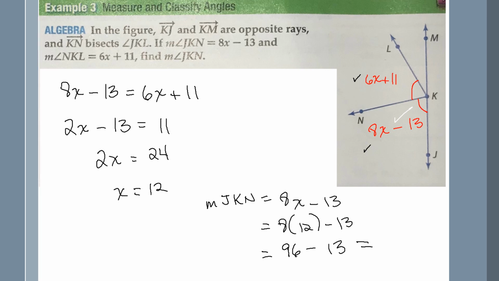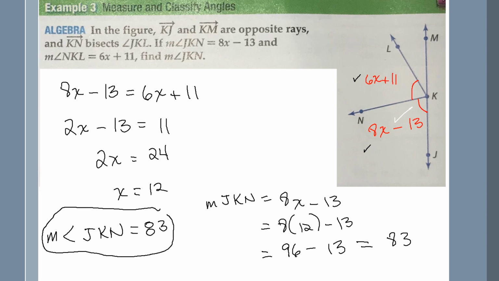So 96 minus 13 is 83. So the measure of angle JKN is equal to 83. Always circle your work. This way your teacher, whoever's grading it, can find your answer.